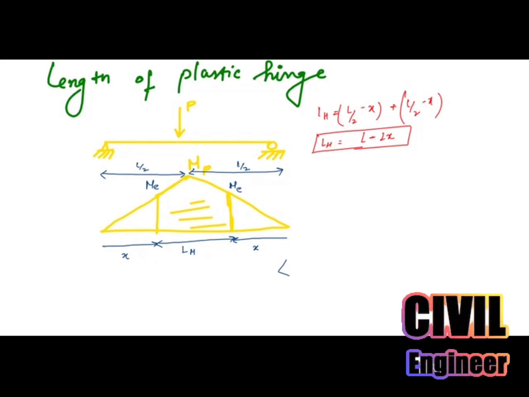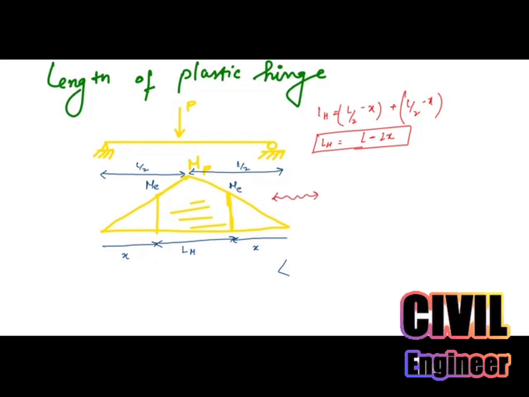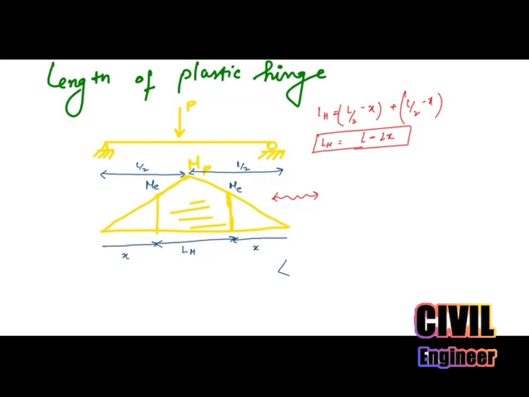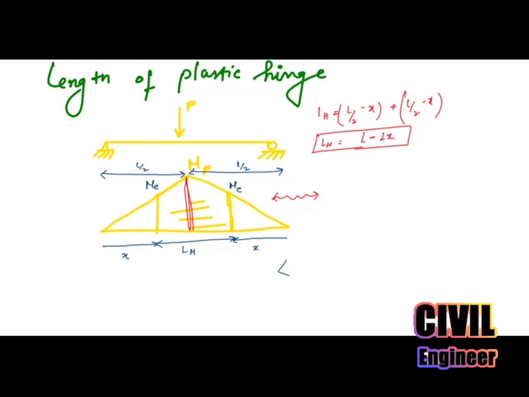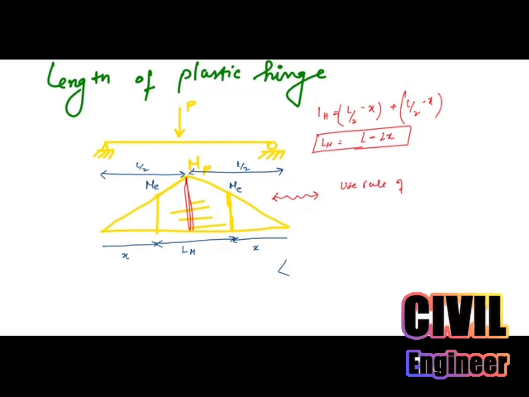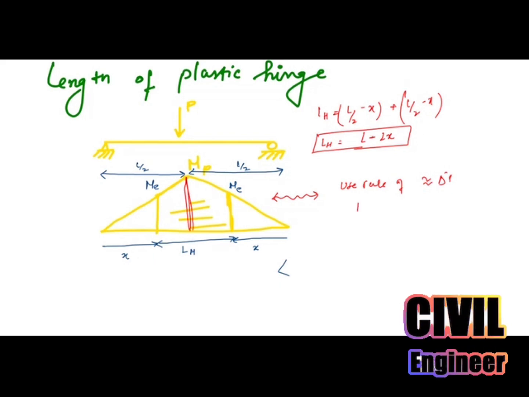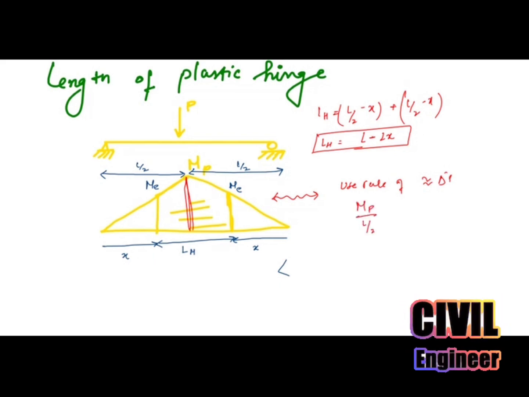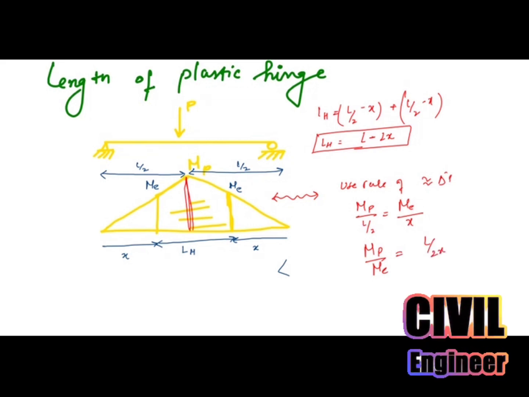Now, if we see from this diagram, we use the rule of similar triangles. MP divided by L by 2 will be equal to ME divided by x. So MP by ME is equal to L by 2x.